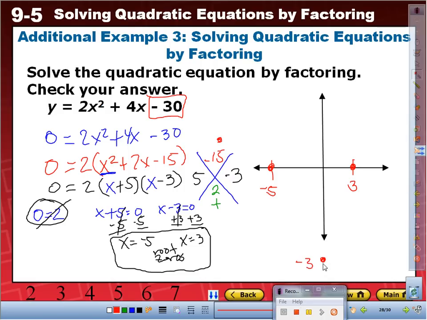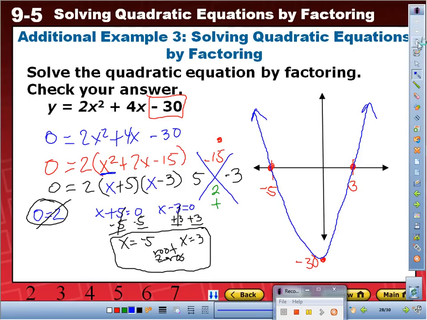Negative 30. So our graph should look like this. And the last step will be to check. Do we know how to check? But since I did it with you, I'm not going to check just so that we can go on to the next one.